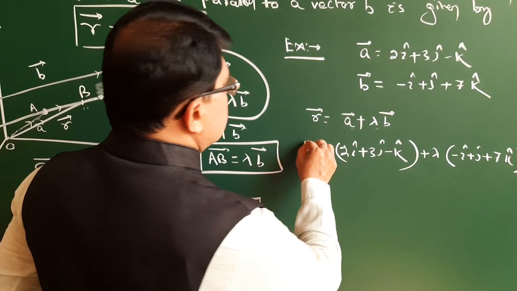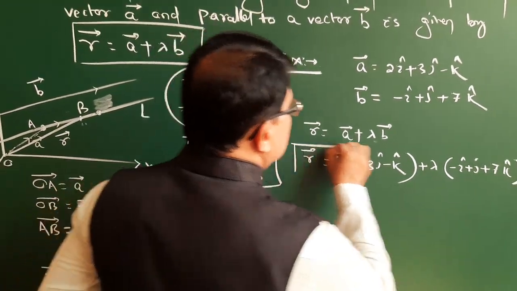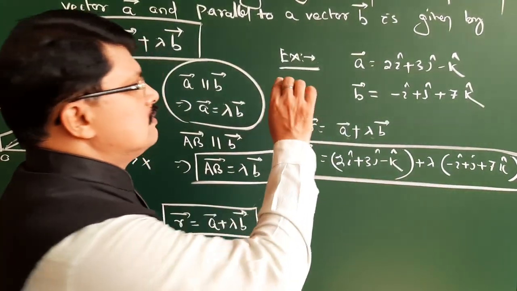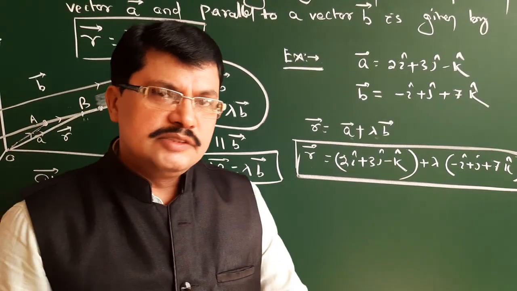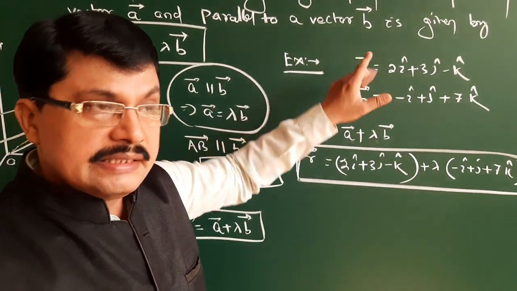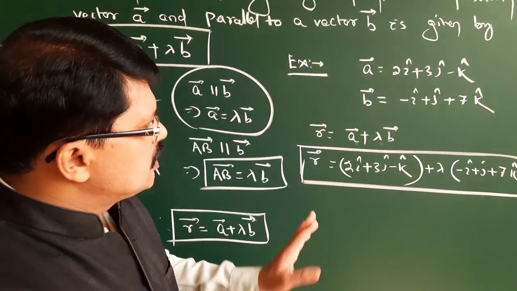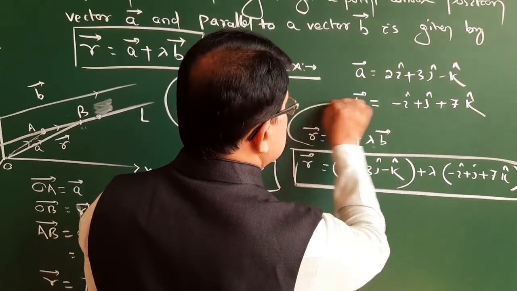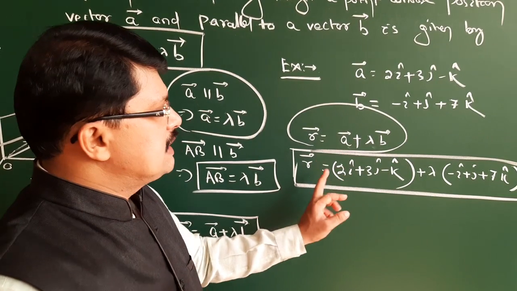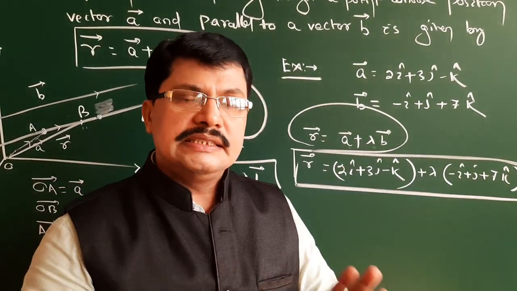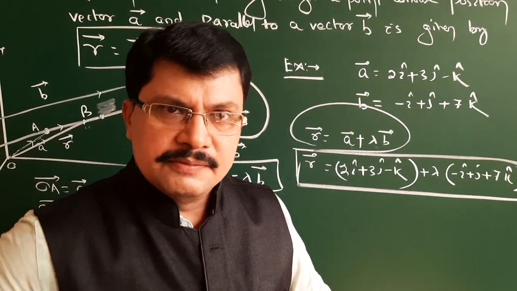So this is the equation of line. You have to write only this much. Read the question thoroughly, find out what is our a vector, then find out what is our b vector. Understood my point? Thereafter use the formula r is equal to a vector plus lambda into b vector and just write it out like this. So this is the vector equation of a line.